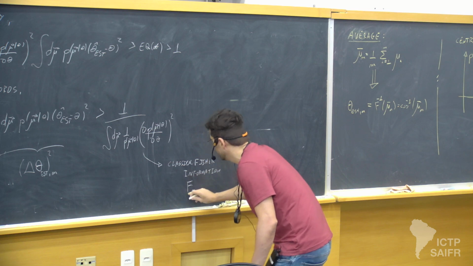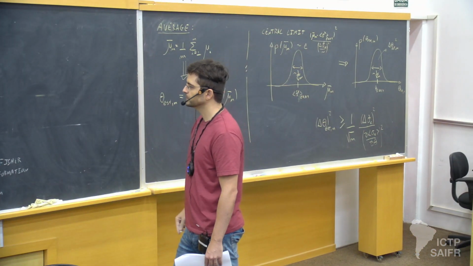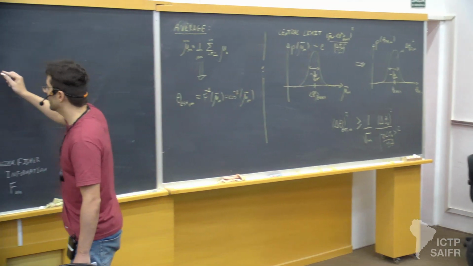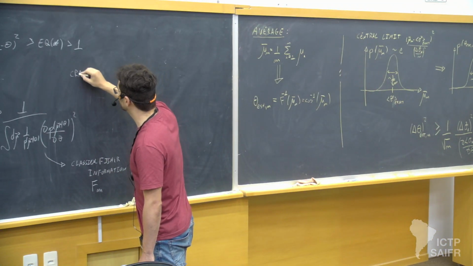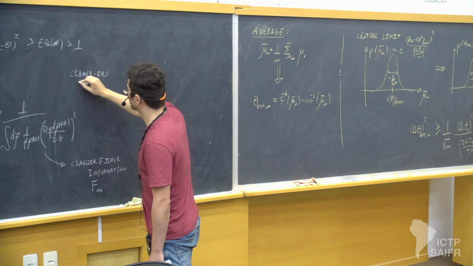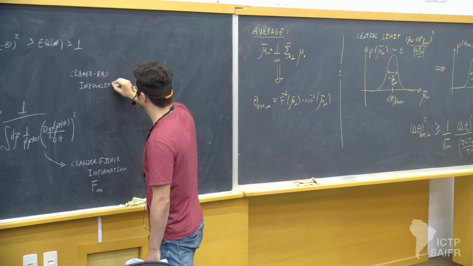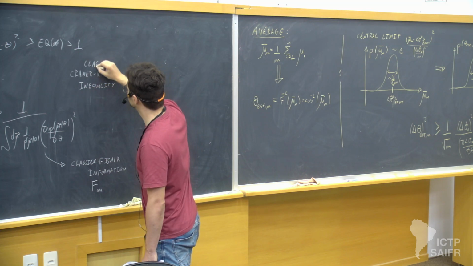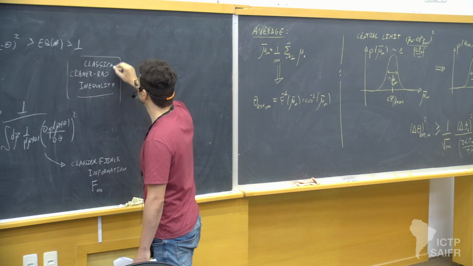So this is a weird function called the classical Fisher information, F_m, because m is the number of measurements that I'm doing in here. And all of this inequality, you might have already seen in some other cases, is called the Cramer-Rao inequality. The classical one, it is going to be clear why we call it the classical one.